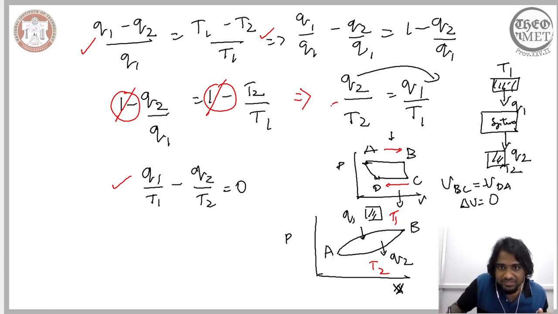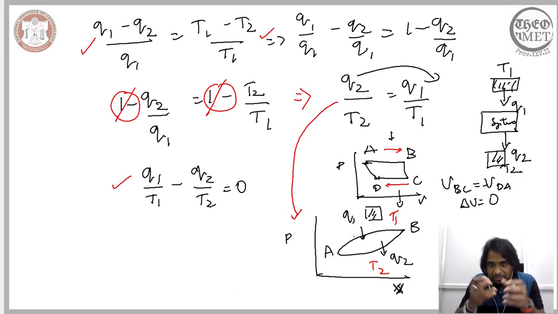Because of this relation, we are able to simplify the Carnot cycle into a simple change in the state, something like this. The reason we are able to do this is primarily that whatever change is brought about by feeding in heat from the reservoir at T1 and the loss of heat Q2 to the reservoir at T2, since they are equal, we are able to simplify this.